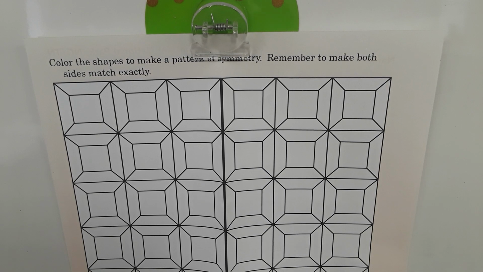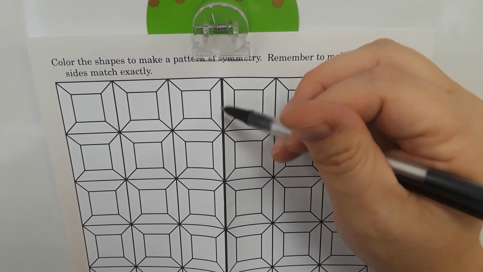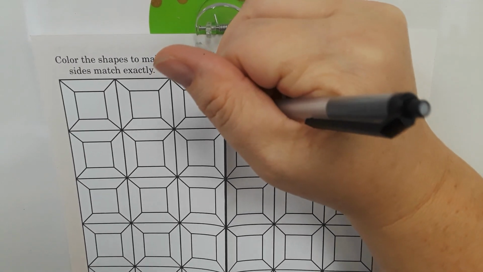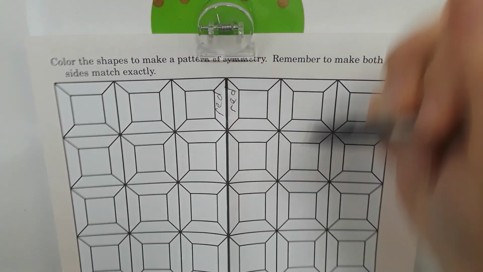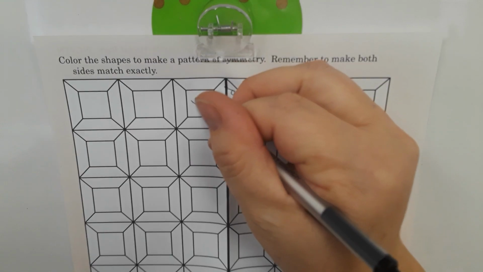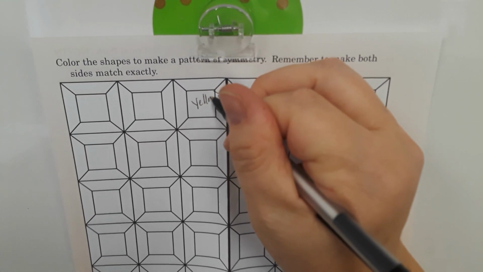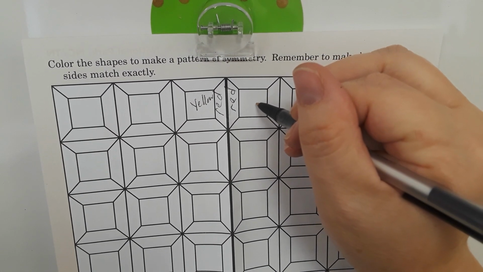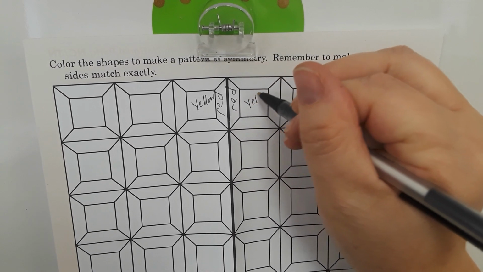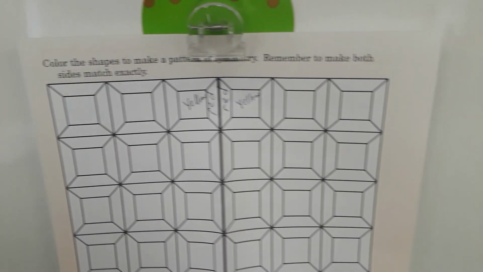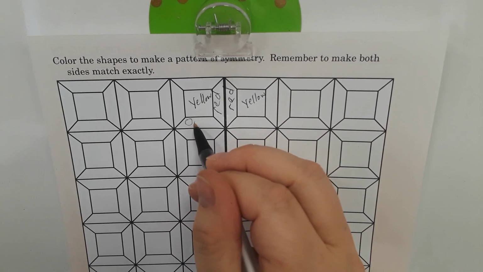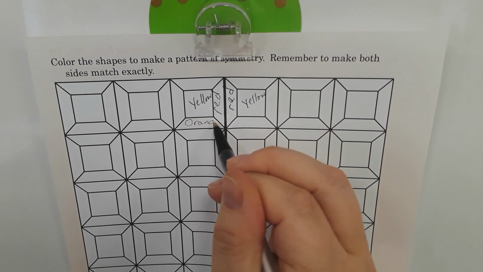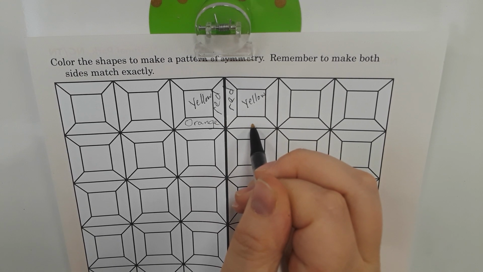So if we had a red crayon and we wanted to color this part red, then we would need to color this part red also. And if we colored this box yellow, then what color would we color this box? Yellow, because we have to do the exact same to each side. And if we were to color this orange, what color would we color this one?